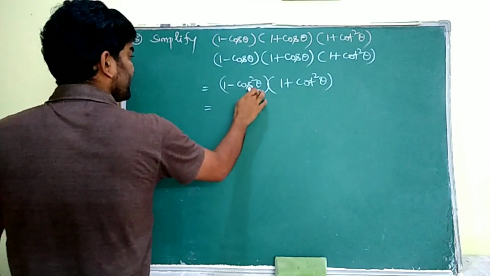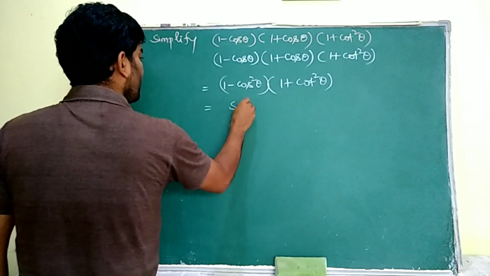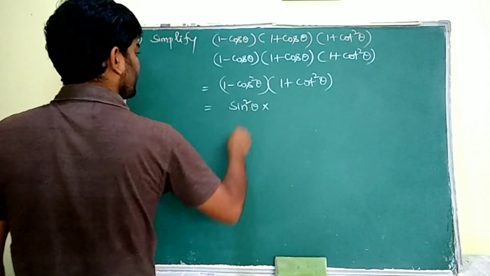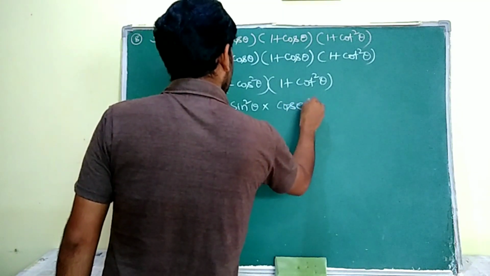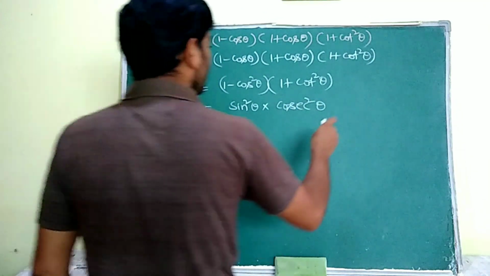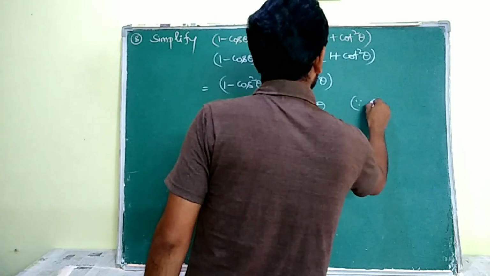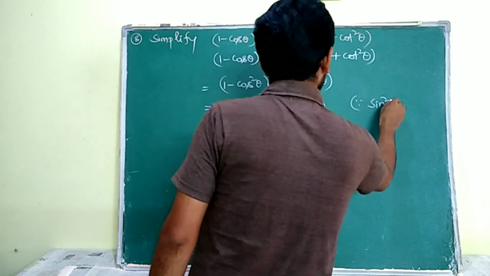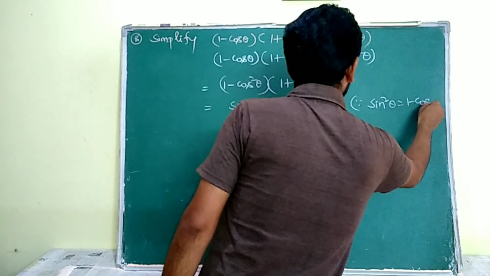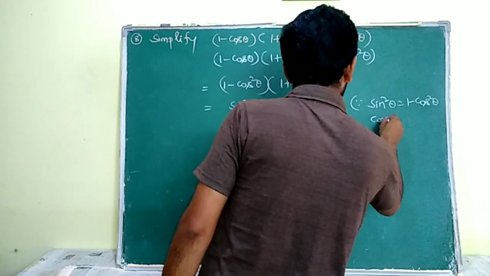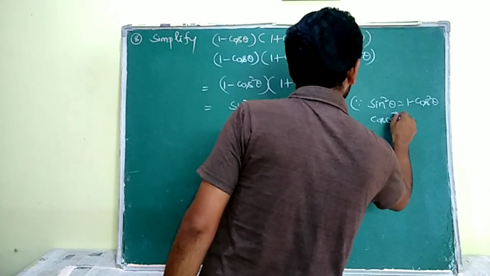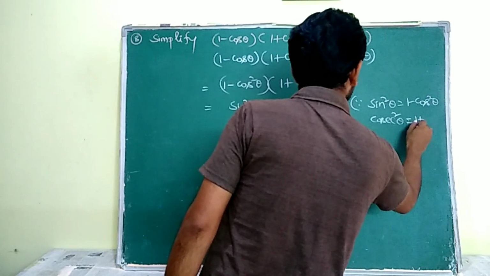So 1 minus cos square theta is nothing but sin square theta, and 1 plus cot square theta is nothing but cosecant square theta. If you want to write the formulas: sin square theta is equal to 1 minus cos square theta and cosecant square theta is equal to 1 plus cot square theta.